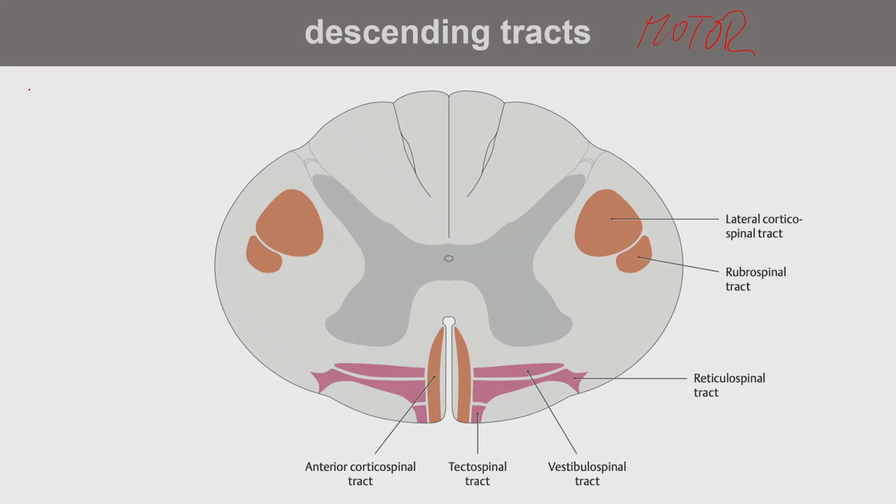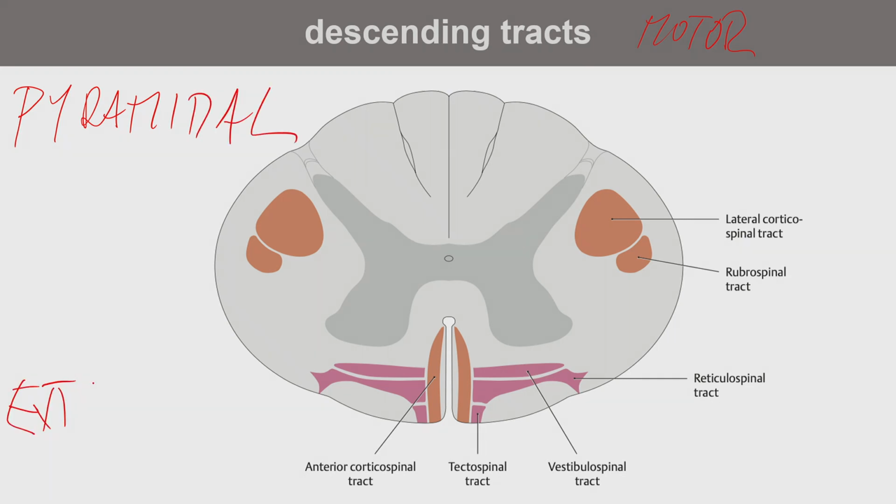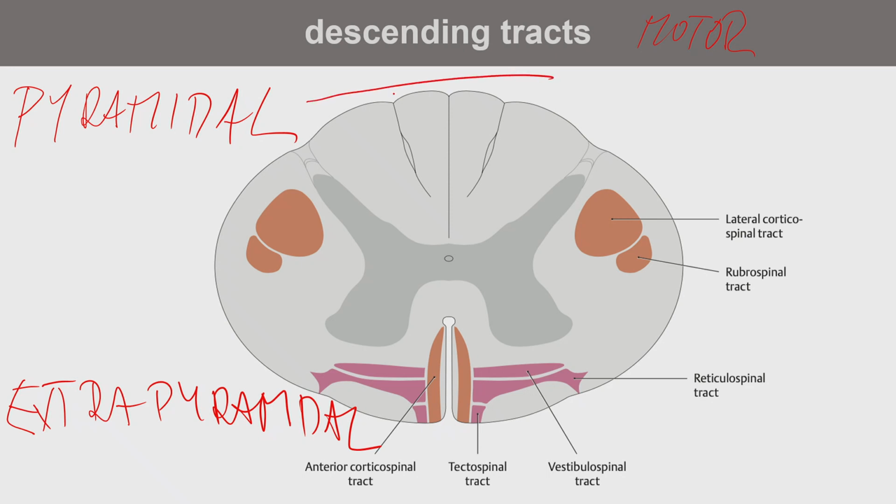One is called pyramidal, and the second is extrapyramidal. Pyramidal tracts are also called corticospinal.